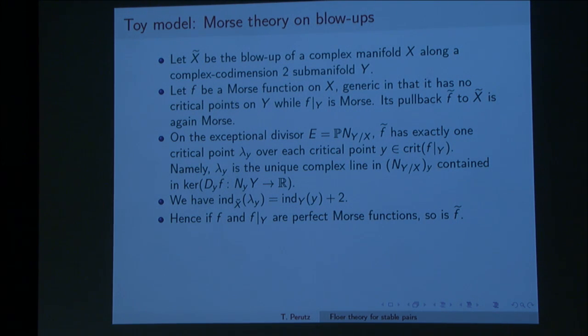It's the unique complex line in the normal space to Y at that point, which is contained in the real three-dimensional space, which is the kernel of the derivative of f at that point. Okay, so that gives an efficient way of doing Morse theory on blow-ups.